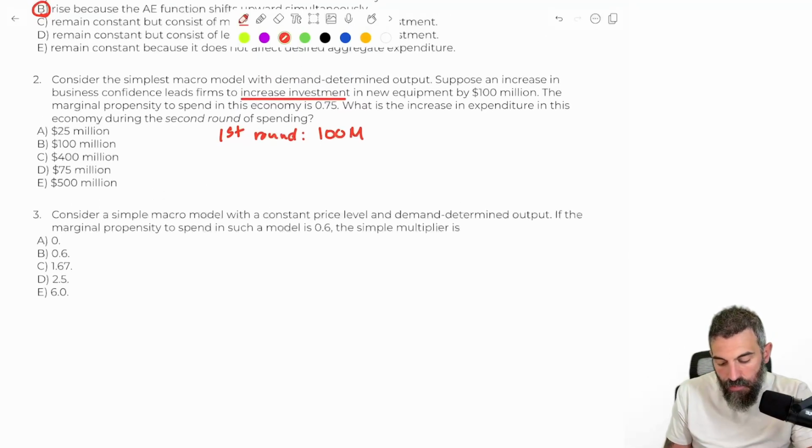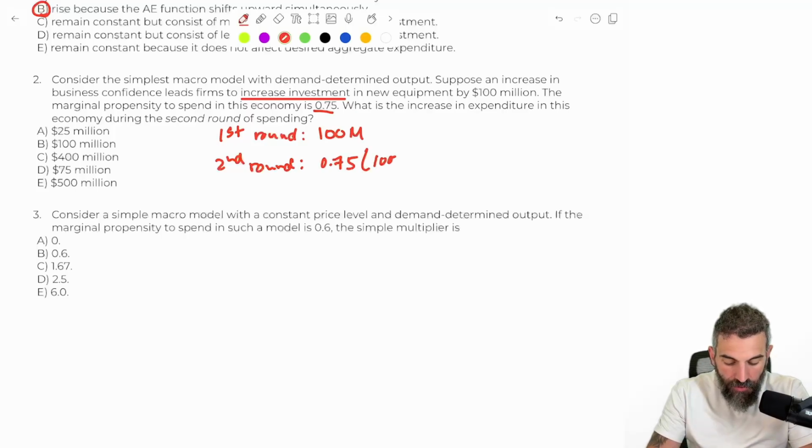Well, the economy is spending 75% of every dollar. So in the second round of spending, 75% of that 100 million will be spent. So the answer is D.